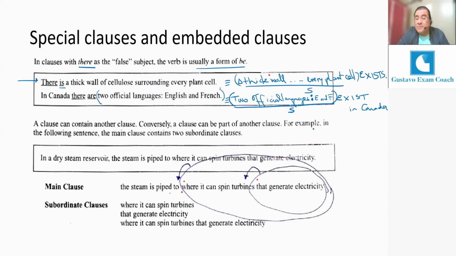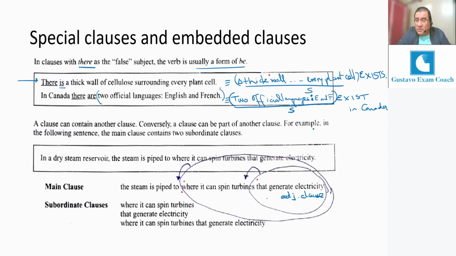Yes, so this is working like an indirect object or an object of a preposition for the verb is piped. And then within this one, we can see that that generate electricity is an adjective clause that is modifying turbines because it tells you what kind of turbines they are. Okay, it can spin turbines that generate electricity. So this is an adjective clause.